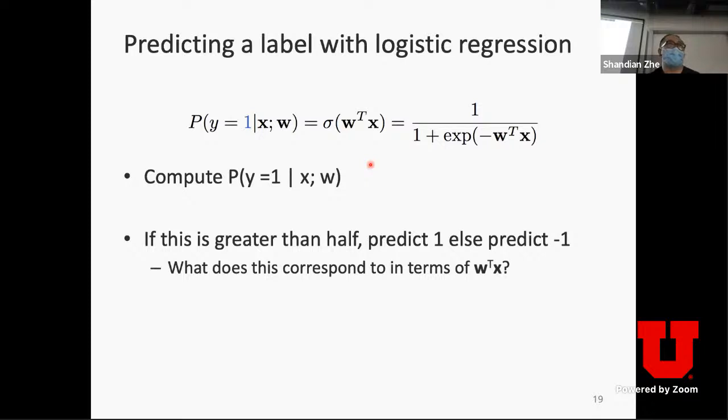I need to choose the label which I'm most confident with. On the other hand, if my prediction is 0.1, meaning it might only have a 10% chance to be label 1, we should assign the label to be minus 1. Anyway, any question regarding the prediction rule with logistic regression?